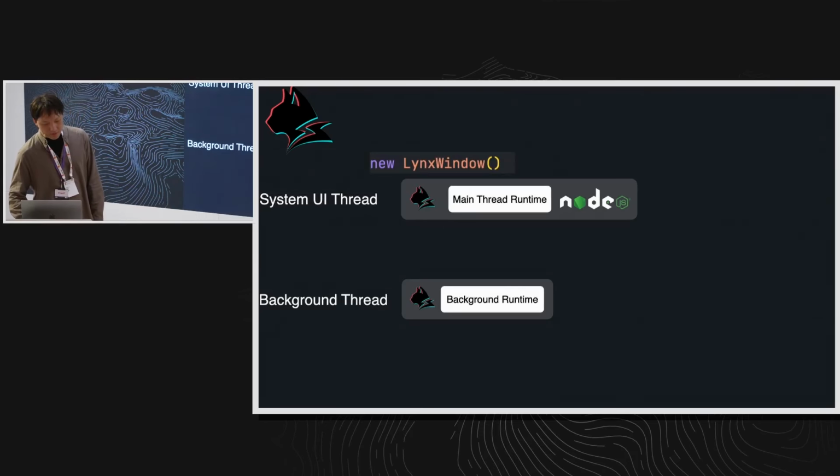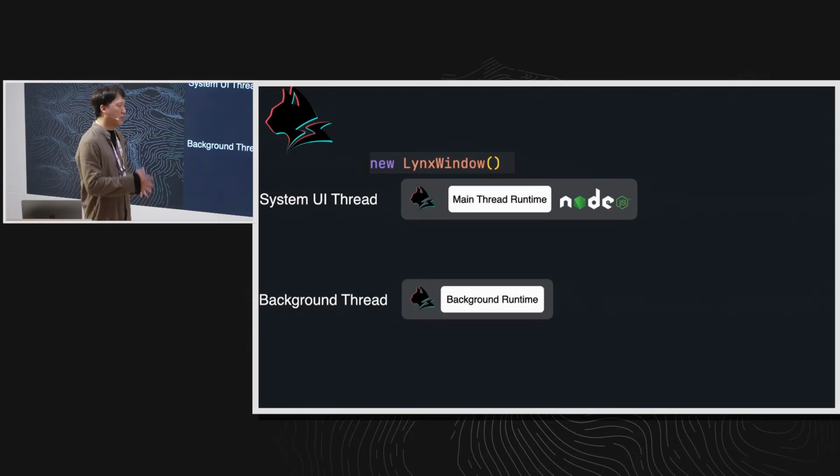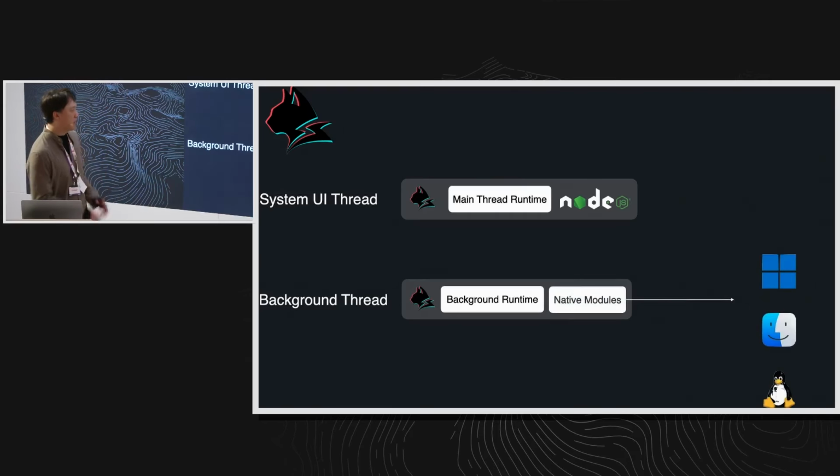As I mentioned earlier, Lynx is a UI renderer, so it does not have any functionality other than UI rendering, but front-end coders still need other utilities to code their front-end. So when needed, it can be extended by using native modules to extend the Lynx runtime.